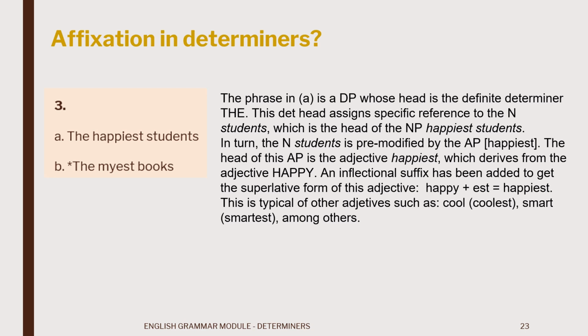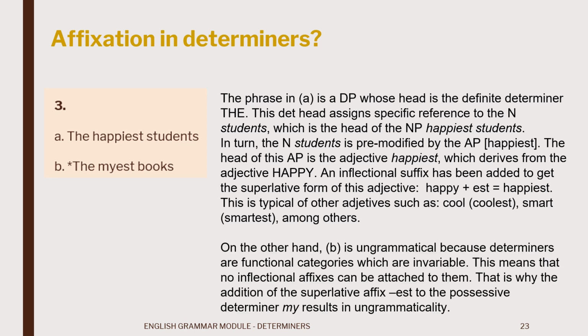An inflectional suffix has been added to get the superlative form of this adjective, that is, happy plus est, form happiest. This is typical of other adjectives such as cool, coolest, smart, smartest, among others.